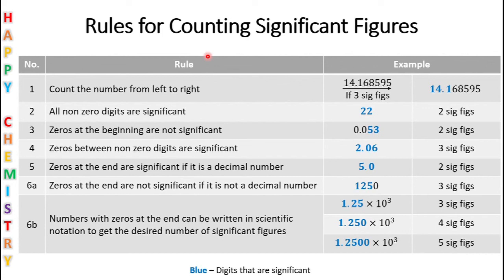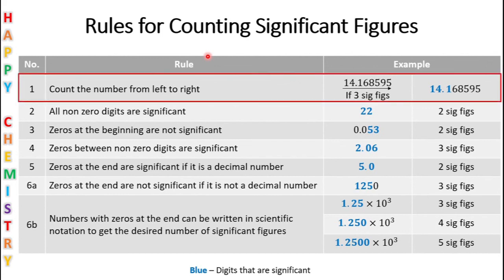The first rule: start counting the numbers from left to right. When you decide the desired number of significant figures for your answer, start counting from left. For example, we have a number 14.168595. Based on the calculation, let's assume the desired number of significant figures is 3.